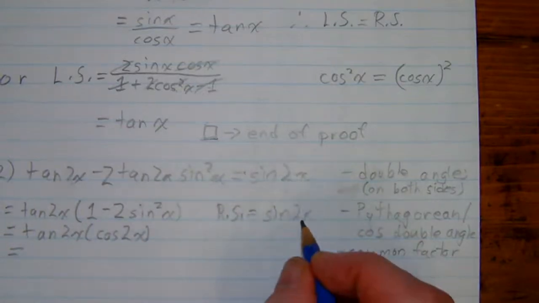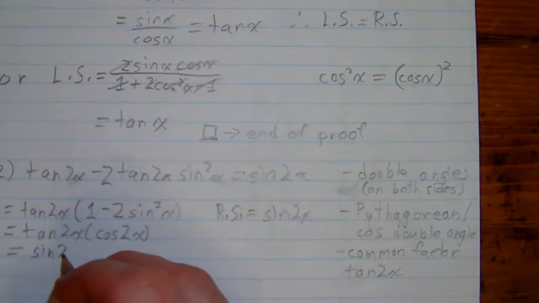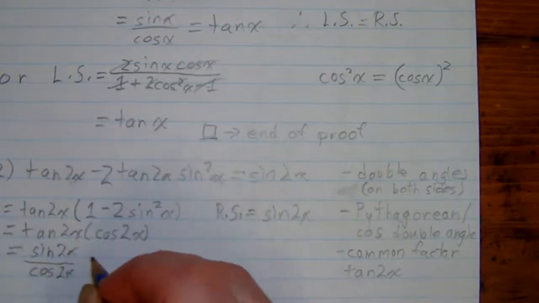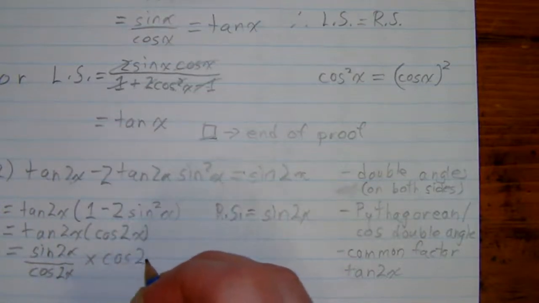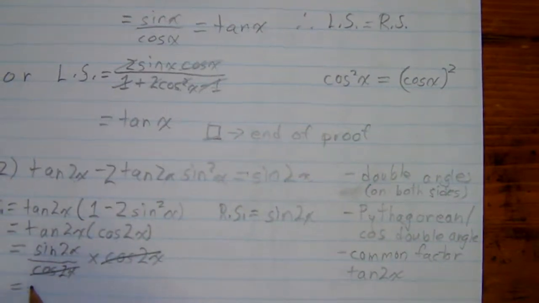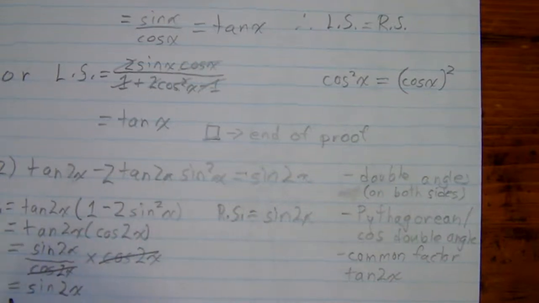So now I know I want sine 2x. Well, tan 2x, that's going to be sine 2x over cosine 2x. So that's a nice easy way to get sine 2x, and then times cos 2x. And now I see that these two cancel out, and the left side is indeed sine 2x.